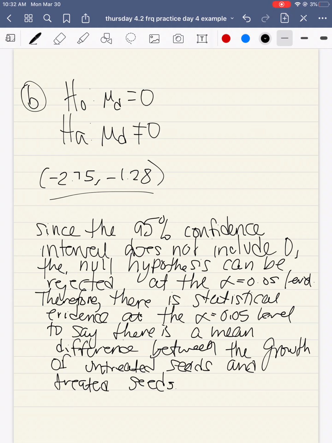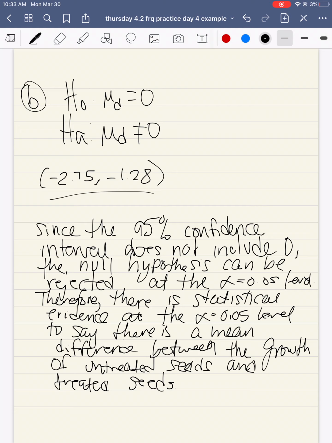And then we're done with part B. So part B really did not ask you to write or to really calculate anything. Part B is purely logic based, and because we know that a confidence interval is trying to estimate the population value, since the population value of mu equaling 0 was not located in that confidence interval, there is sufficient evidence to say that the mean difference is not equal to 0.